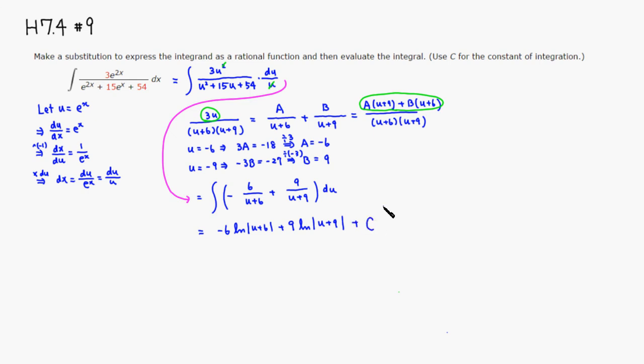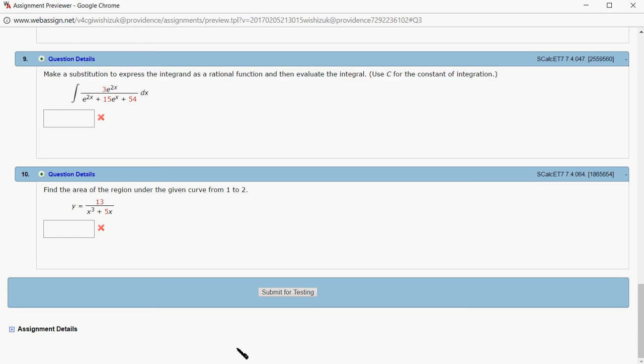Alright, then we have to go back to the original expression. So you have negative 6 times the natural log of e to the x plus 6, plus 9 times the natural log of e to the x plus 9, plus some constant C. So let's type this in.